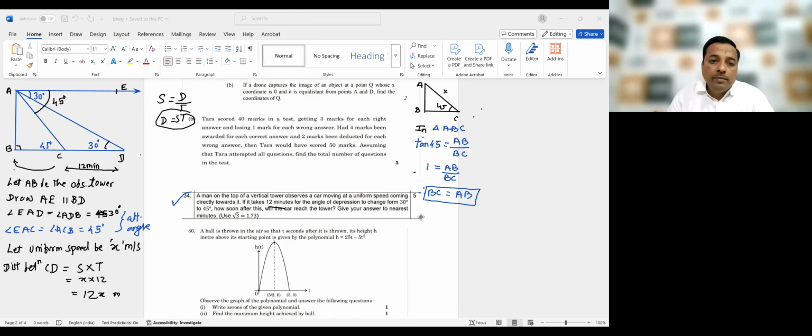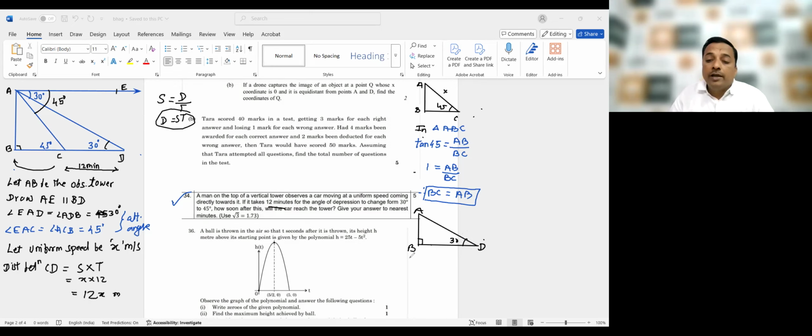Now take the bigger triangle. I want the value of tan 30. A, B और यहाँ पे है D. This is 30 degree.